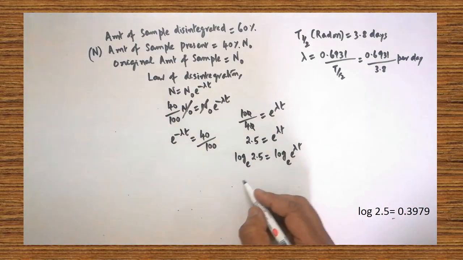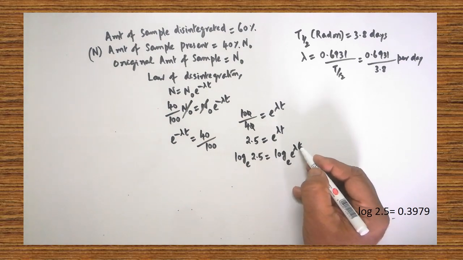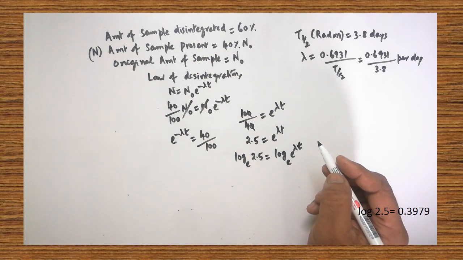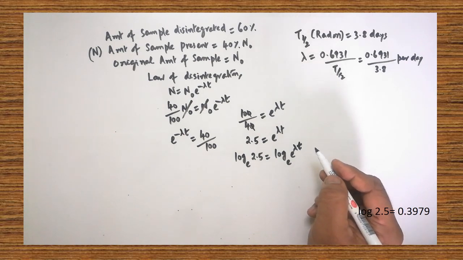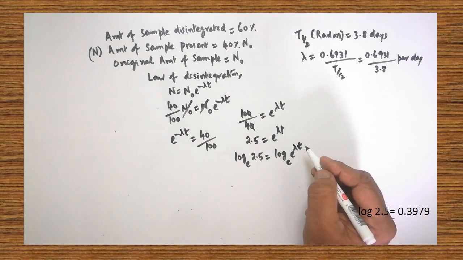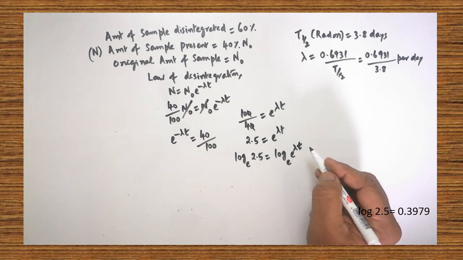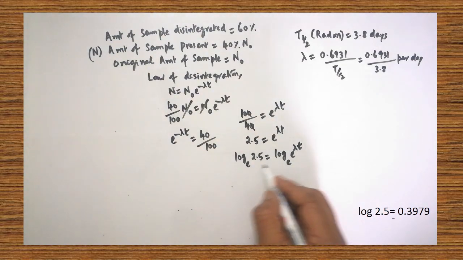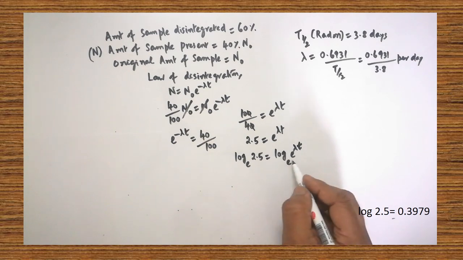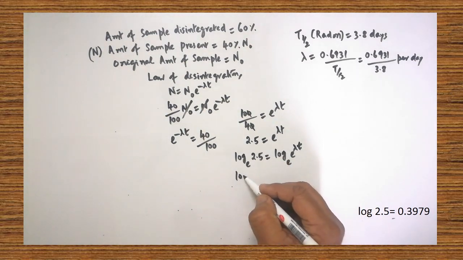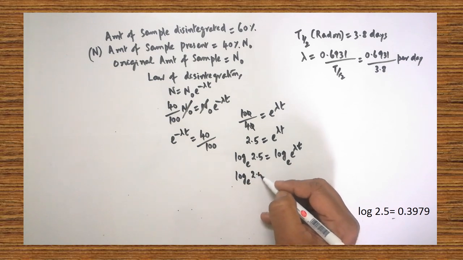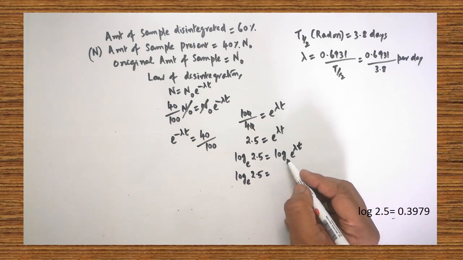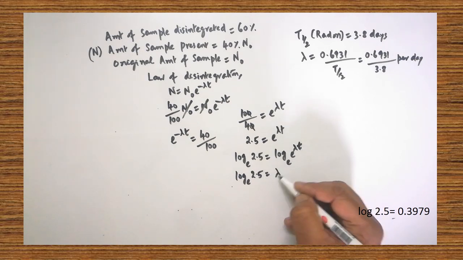So that is the next formula. What is required? The time taken, the time required for 60% of the sample of radon to undergo decay, is to be found out. Here the RHS becomes lambda t, because log to the base e of e power of lambda t is lambda t.